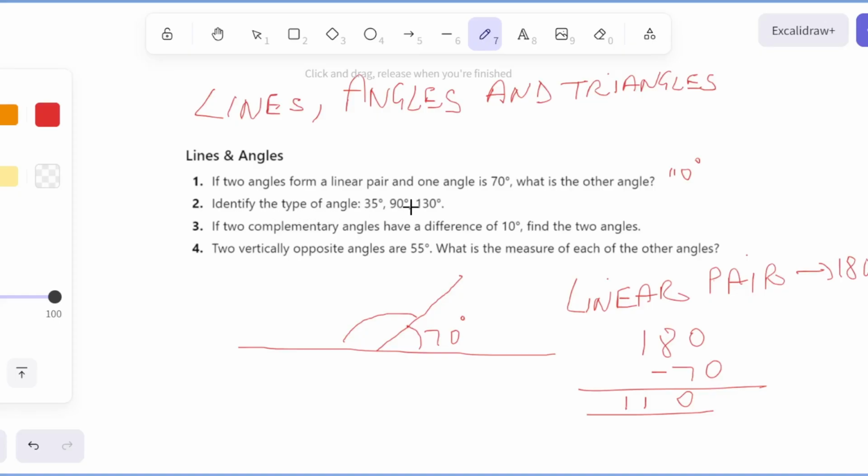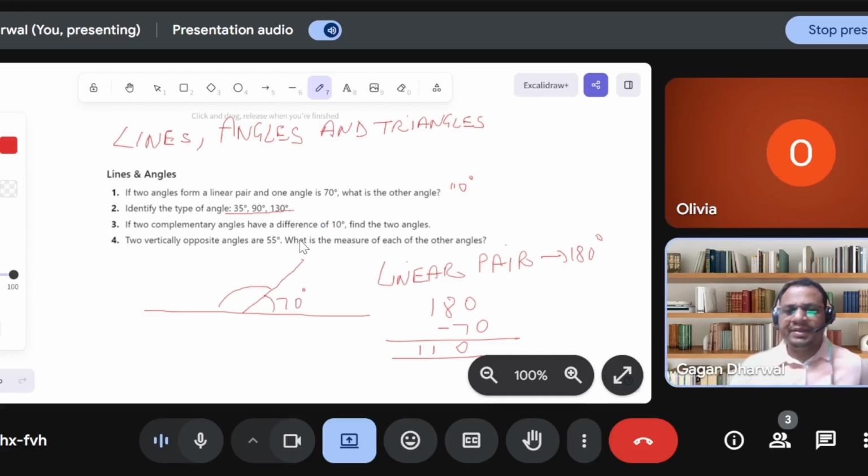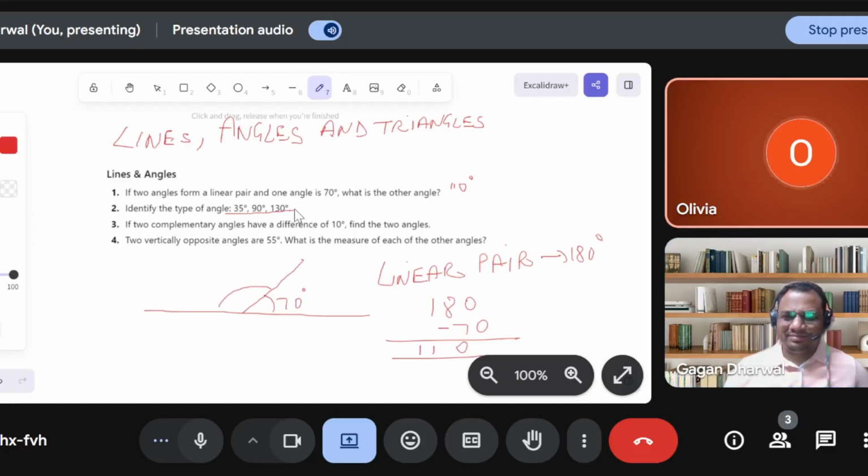Identify the type of angles. What type of angles are these? How many types of angles do we have? Starting from acute.